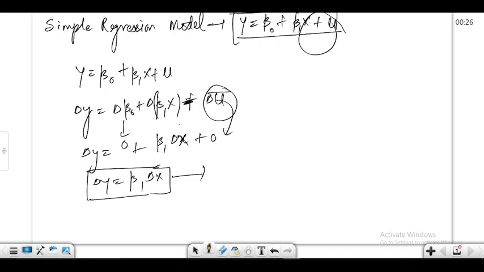So let's talk about certain issues that we might face while dealing with a simple regression model. y is equal to beta naught plus beta 1x plus u. So this is your model.